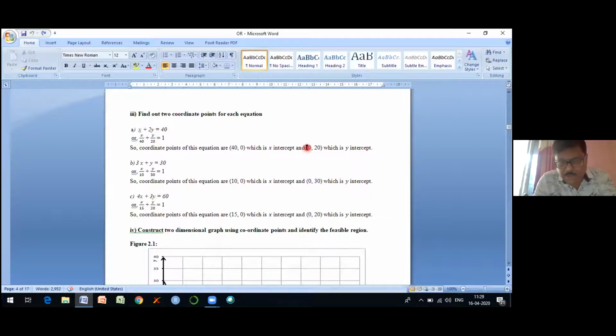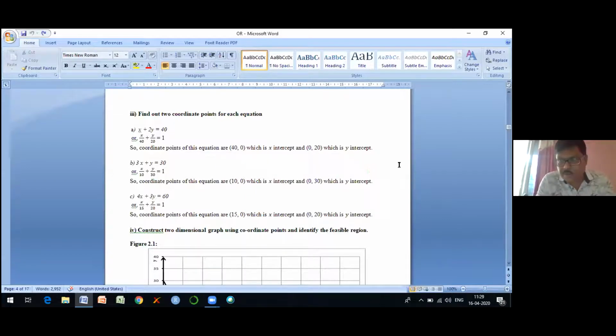If we get these two points, then if we join these 2 points, we will get a straight line, right? We'll get a straight line.